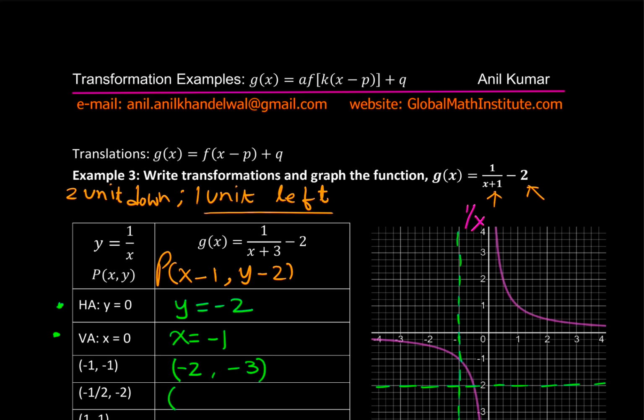The other values: minus half becomes minus 1.5, and minus 2 becomes minus 4. 1 minus 1 is 0, and 1 minus 2 is minus 1. 2 minus 1 is 1, and half minus 2 is negative 1.5. So you get all your critical points in this particular case to sketch your graph.